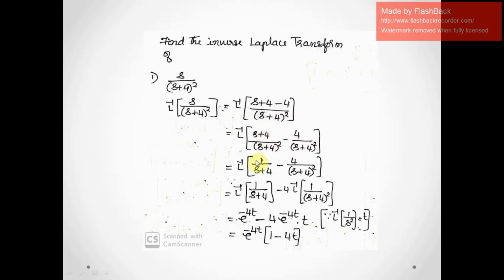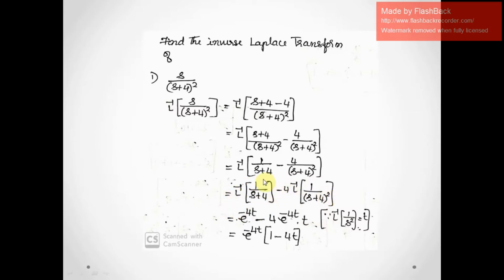One s plus 4 gets cancelled, so that I have L inverse of 1 by s plus 4 minus 4 by s plus 4 whole square. We will split the inverse function like we split the Laplace function. L inverse of 1 by s plus 4 minus, that 4 is a constant which can be taken outside, so it becomes L inverse of 1 by s plus 4 whole square.